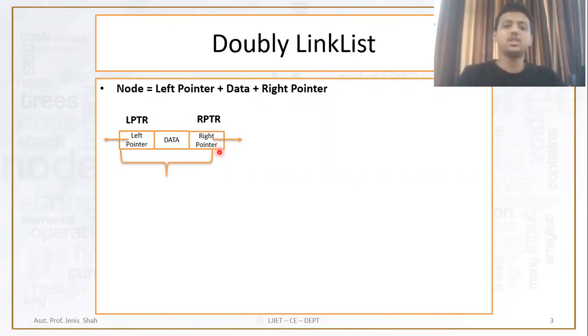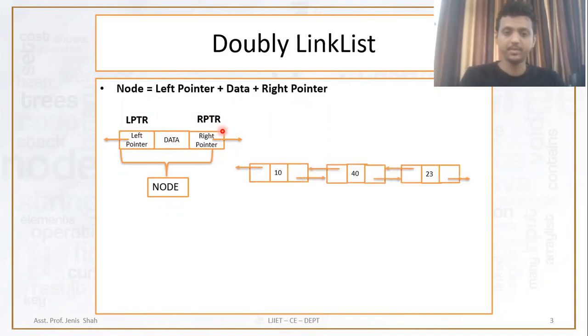This is a whole node for the doubly linked list: data, left pointer, right pointer. So instead of link, I use the words LPTR and RPTR, where LPTR shows the left pointer and RPTR shows the right pointer.